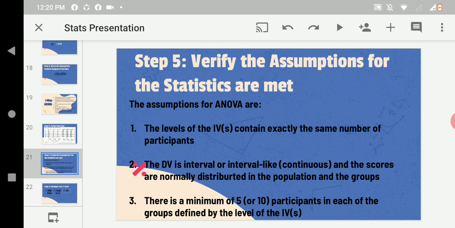Number 3, there is a minimum of 5 or 10 participants in each of the groups defined by the levels of the independent variable. That's the minimum. And the maximum is up to you, just make sure that it's sensible.